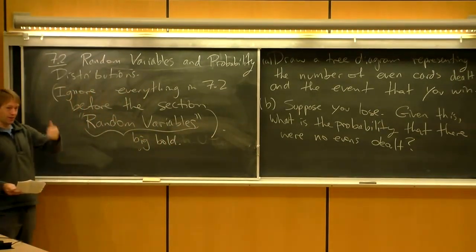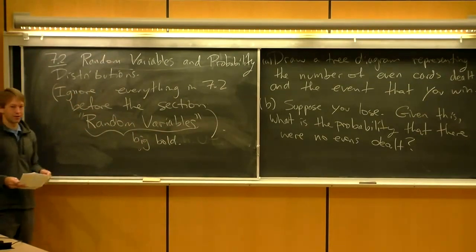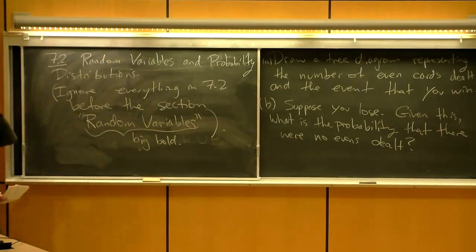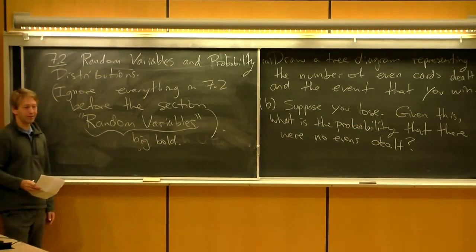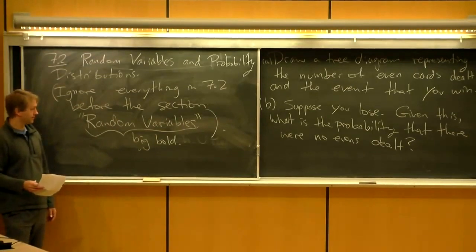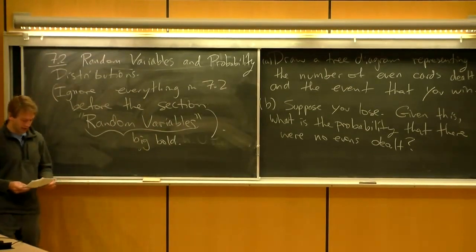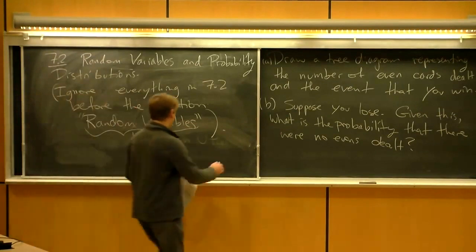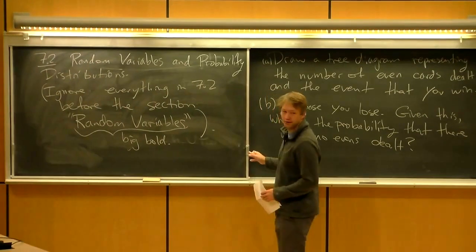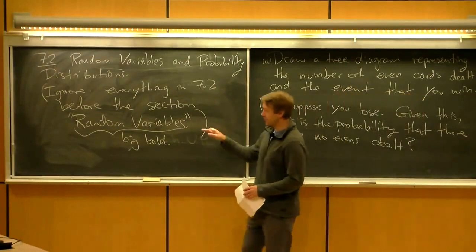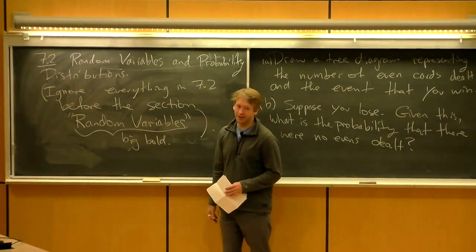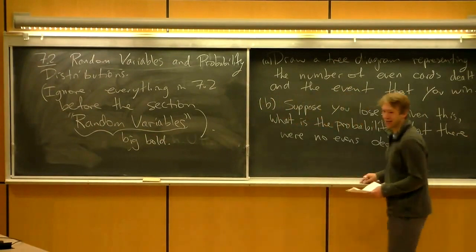The stuff on random variables is important. It makes it difficult when you're going through your study guide, I understand, because there are going to be a lot of questions that aren't really relevant. But the questions for the quiz will only be on that part of the section. I double checked that last night.